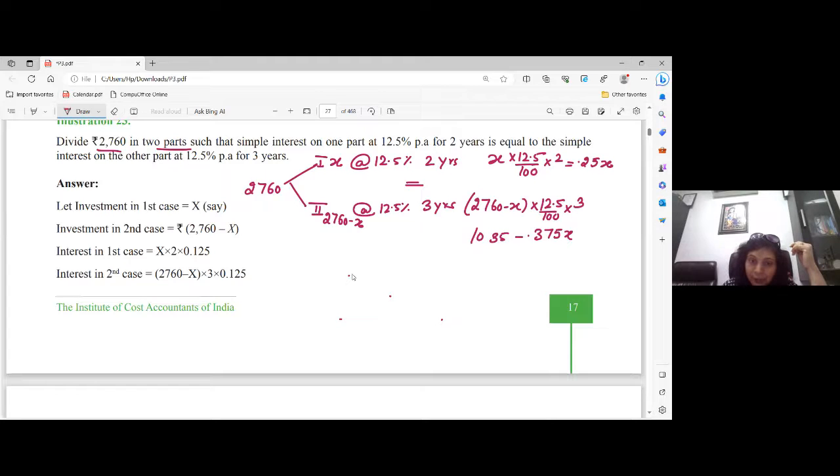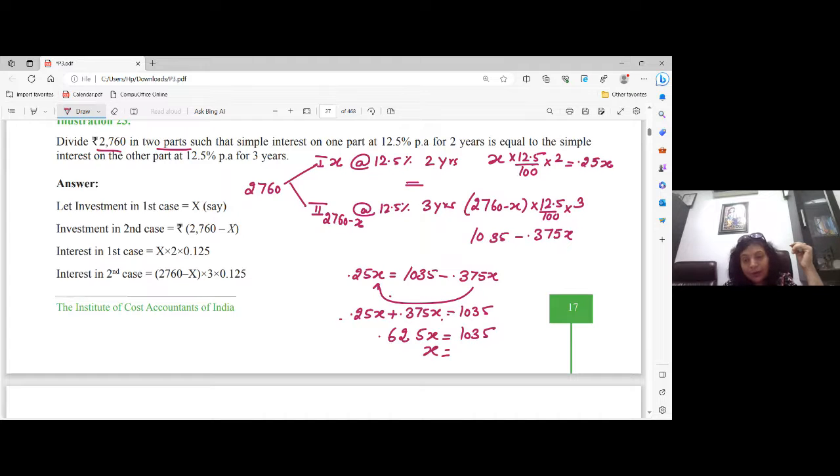Now she says the simple interest for both the things is equal. So that means 0.25x is equal to 1035 minus 0.375x. This will be taken on left hand side. So 0.25x plus 0.375x, that is equal to 1035. So this becomes 0.625x equals 1035.